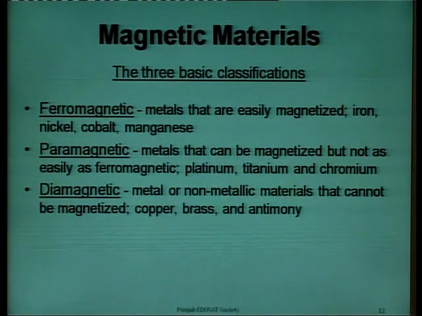Then the third is the diamagnetic materials. The metals or the non-metallic materials that cannot be magnetized at any cost. The examples are copper, brass and antimony.